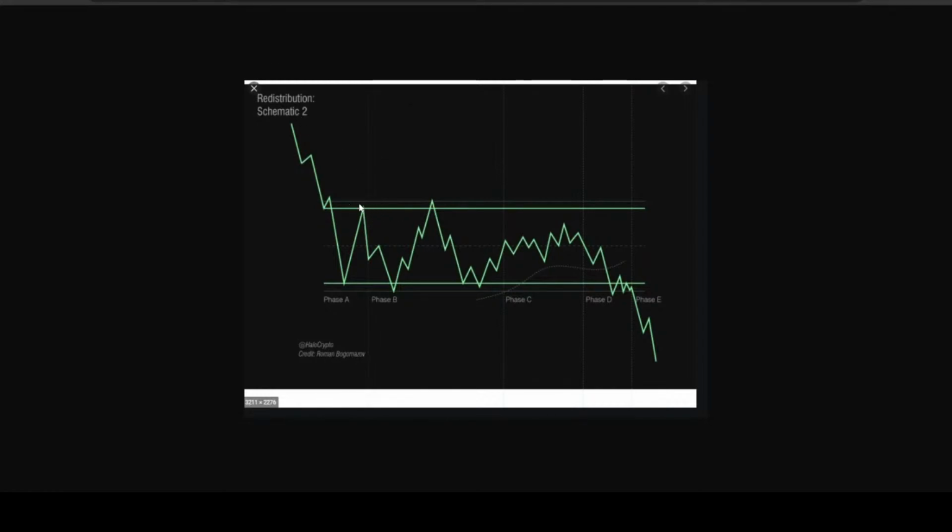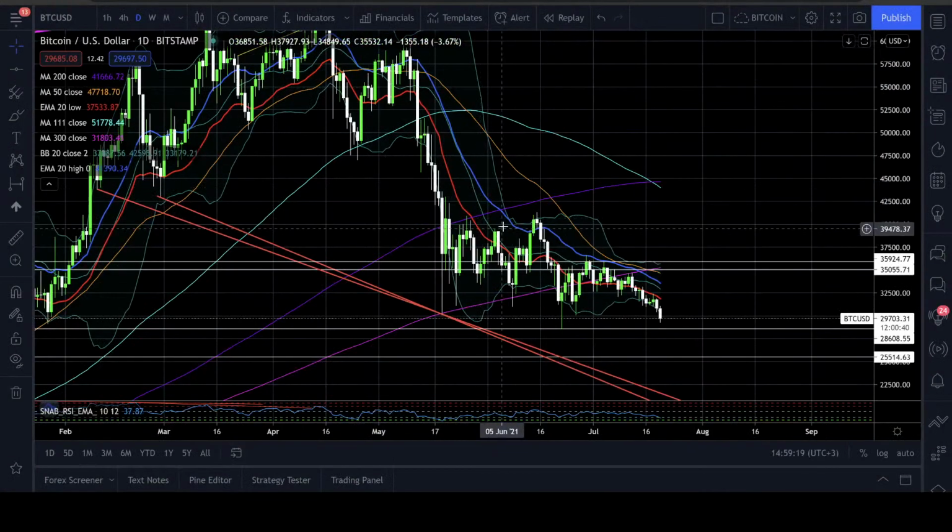So you have two range tops, and then you have a smaller rising wedge pattern. Now let's have a look at Bitcoin. You have these two range tops, and then you have this descending wedge pattern.